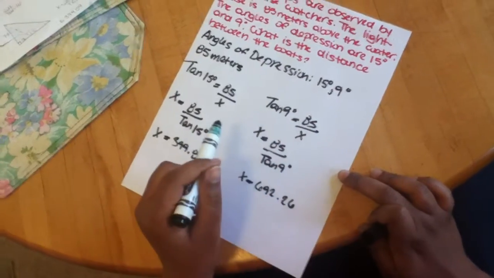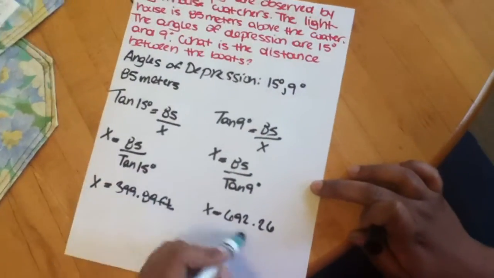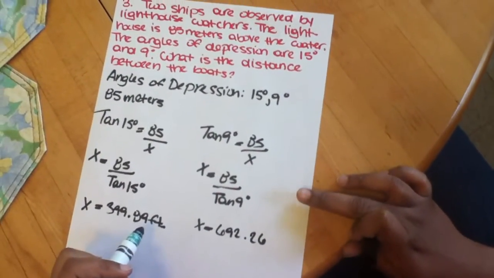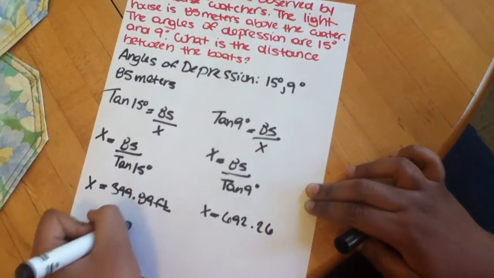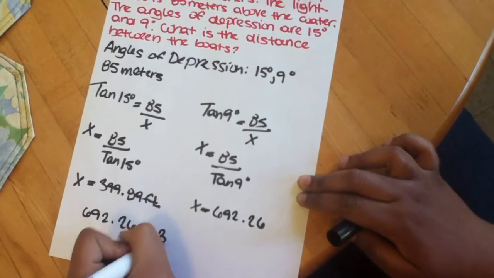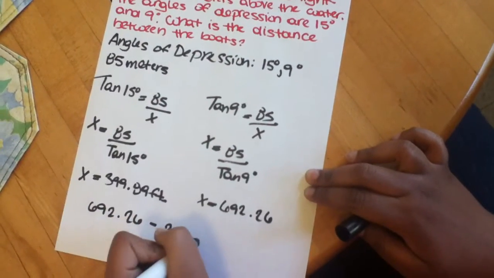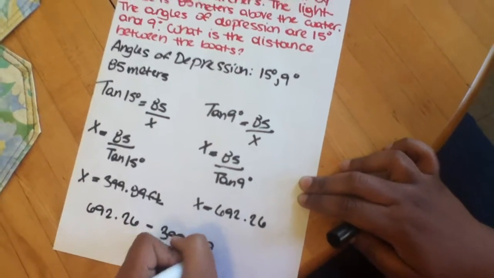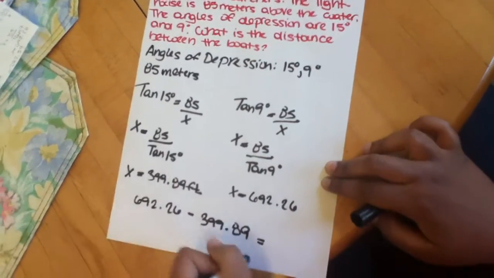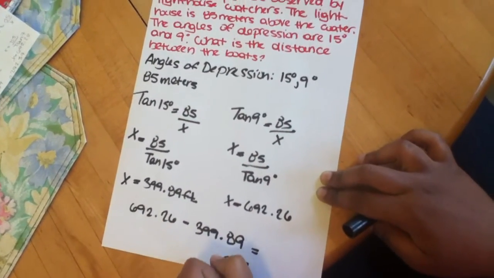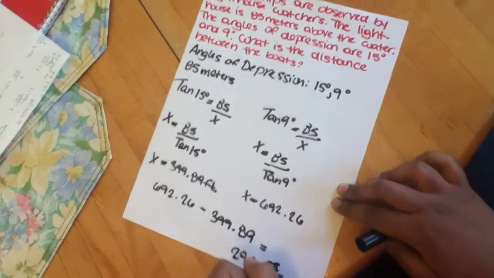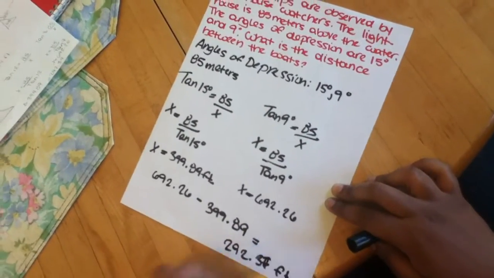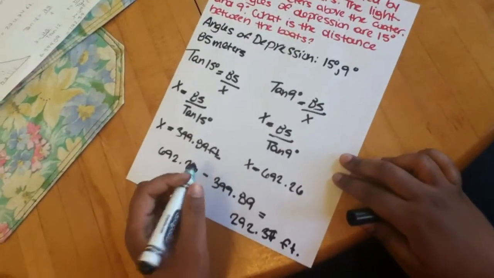Okay, since they're trying to find the distance between the boats, we're going to subtract the answers that we got. So we're going to subtract 692.26 minus 399.89. And that equals 292.37 feet. And that is the distance between the two boats.